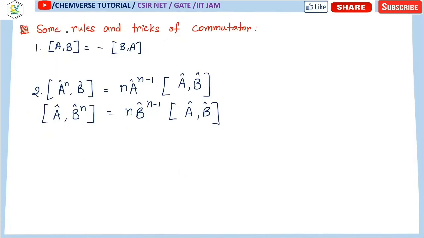Okay, so let's take a look at some rules and tricks to find out the value of a commutator by bypassing such calculations. These are some lengthy calculations. In exams there is very little time, so time management is one of the most important things you have to manage.